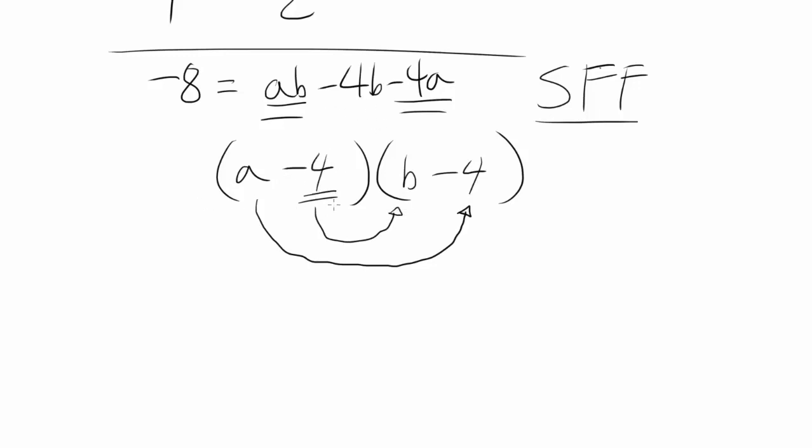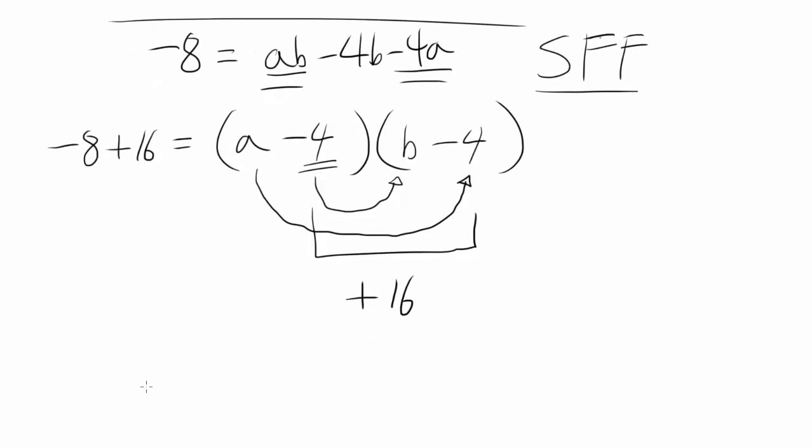That should be negative 4. So this can be factored as A minus 4 times B minus 4. But as you realize, this contains an additional plus 16, negative 4 times negative 4. So you have to do the same thing on the other side. So we have 8 is equal to A minus 4 times B minus 4.